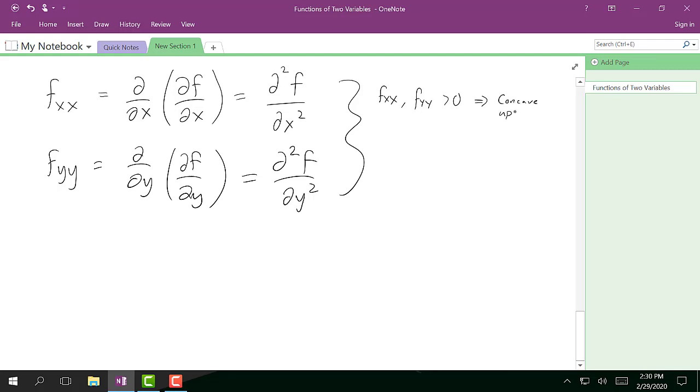So exactly the same as we had in elementary calculus. And of course, if either of them at a point is negative, it's going to be concave down. But this is going to be concave up and concave down in different directions. So what we could get is something like a saddle point, which we'll talk about more in the future.